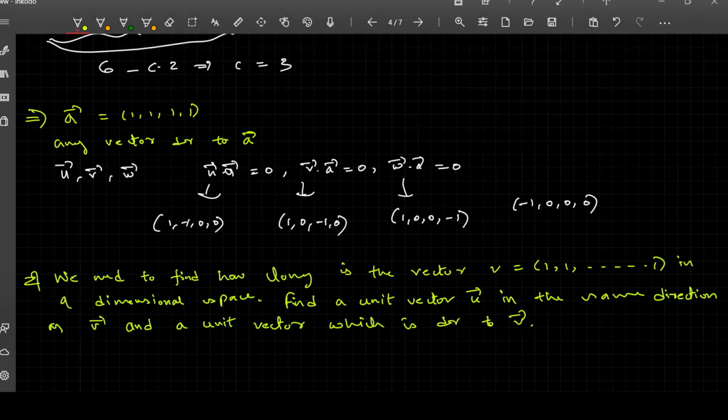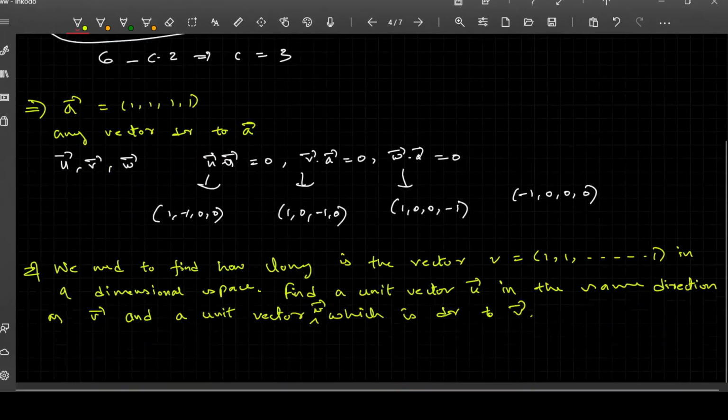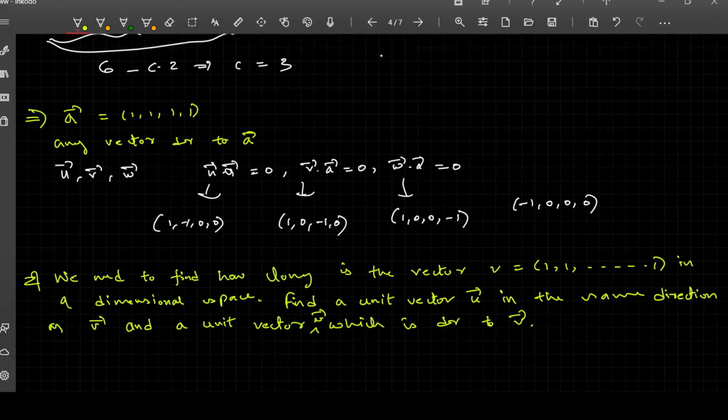Fine. So we need to find a unit vector. Let us assume that to be W, which is perpendicular to V vector. I think we ran out of space, so we can just move to the next part.